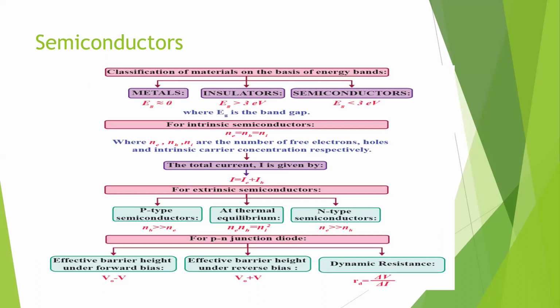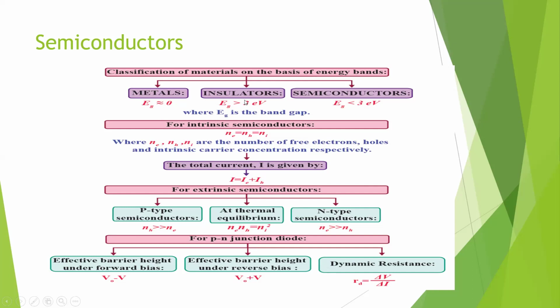One is the valence band, another one is the conduction band, and there will be a gap between the valence band and the conduction band. In metals the energy gap will be nearly zero. Why? Because it can easily conduct, which means it can easily move an electron from the valence band to the conduction band.